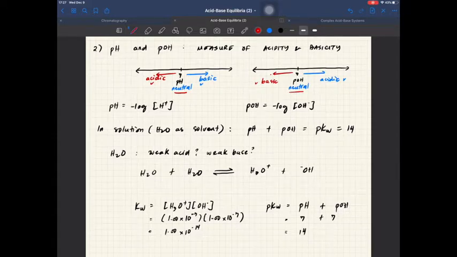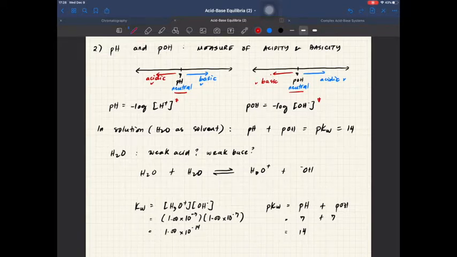But in mathematical terms, pH is just the negative logarithm of the hydrogen ion concentration, whereas pOH is the negative logarithm of the hydroxide ion concentration. So the greater the value of the hydrogen ion concentration, the lower the pH value. That is also true for the pOH value. But why does water have a neutral pH?